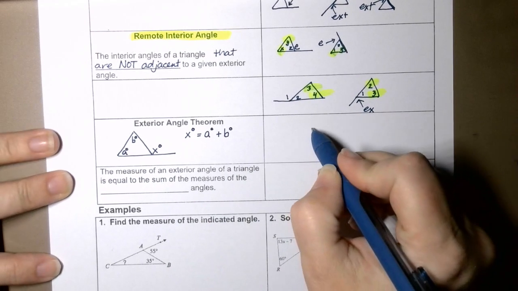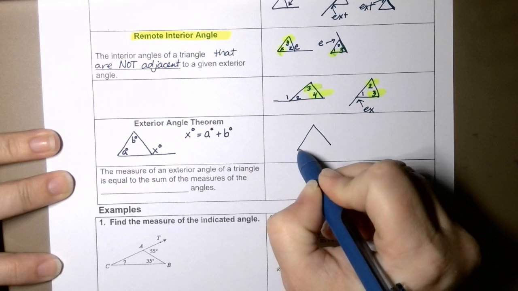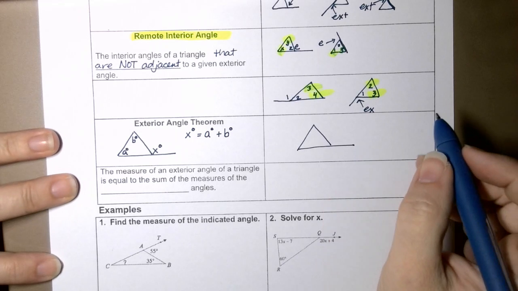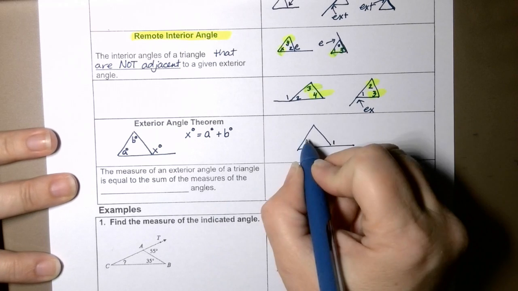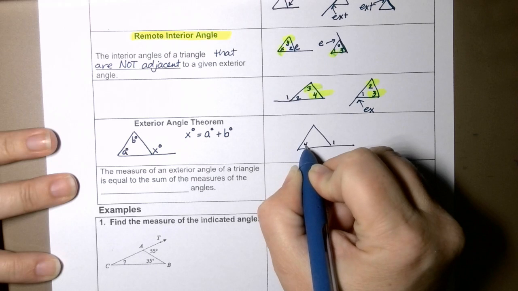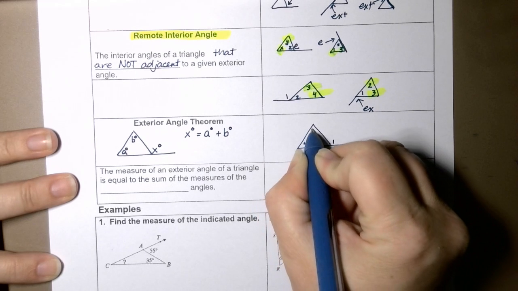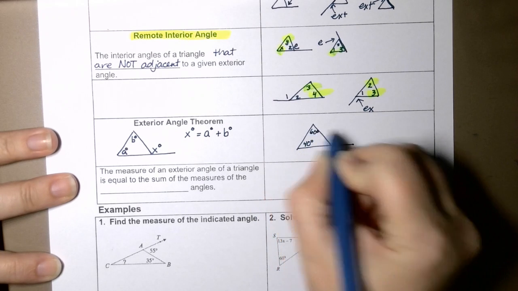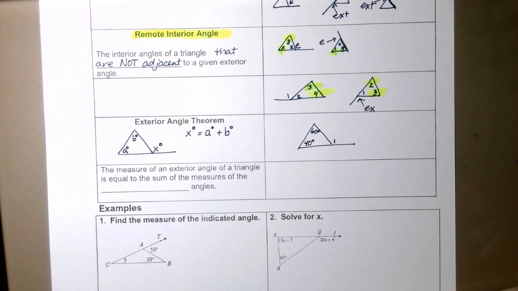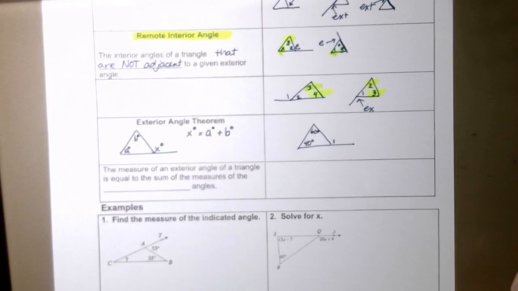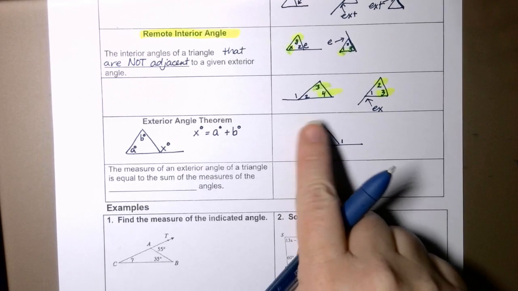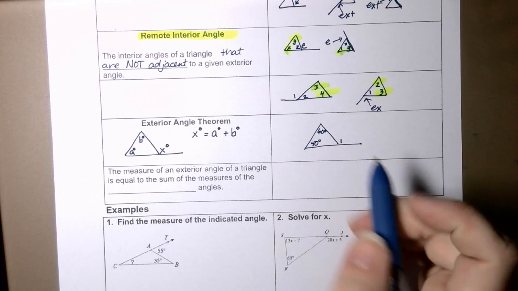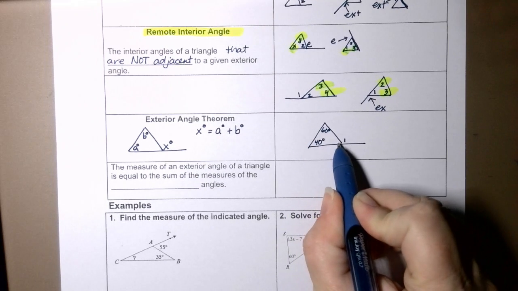Okay, so if I had an example where I called this angle 1, and I said that this was 40 degrees, and this was 60 degrees, you have two different ways to find what angle 1 is. You could find that third angle in the triangle, because you know those add up to 180, and then recognize that this and angle 1 are what?